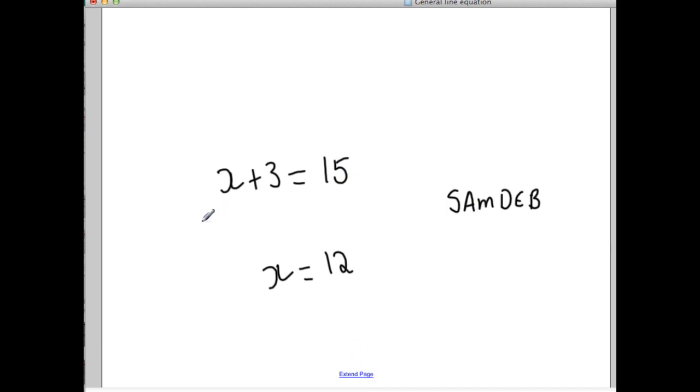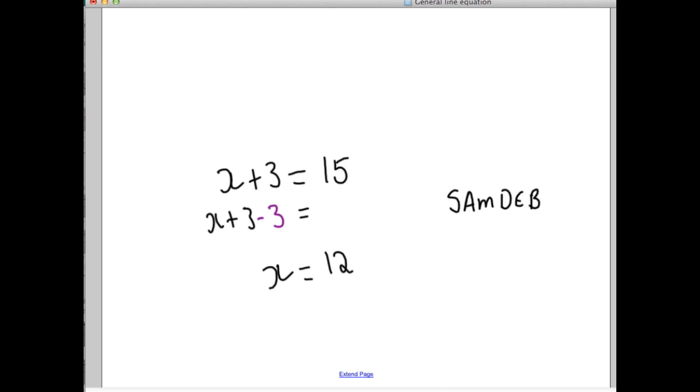So what I would do here is I need to look at this and say, well, I've got x plus 3, and I know in the end I want to have the variable all by itself. So I need to look at what I'm doing to the x. In this case, I'm adding 3, and I need to do the opposite. So the opposite of adding 3 would be subtracting 3.